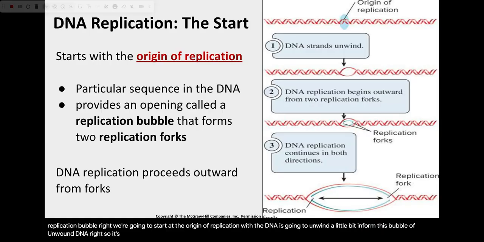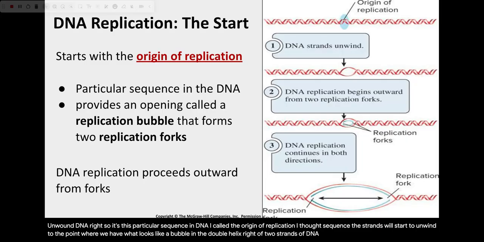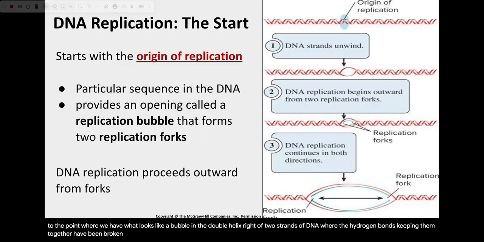It's this particular sequence in DNA called the origin of replication. At that sequence, the strands will start to unwind to the point where we have what looks like a bubble in the double helix, where the hydrogen bonds keeping the 2 strands together have been broken.